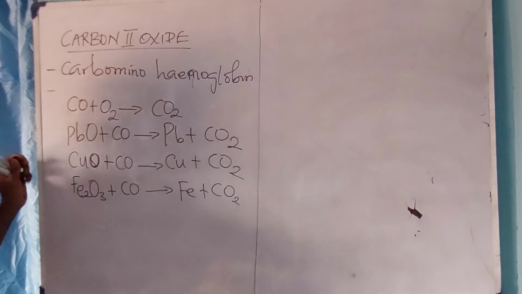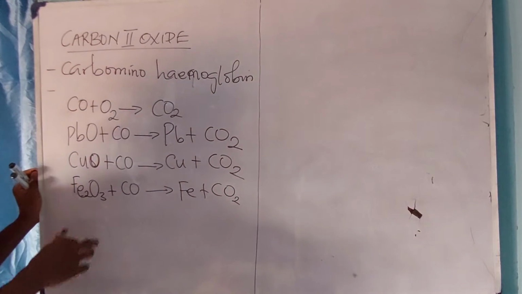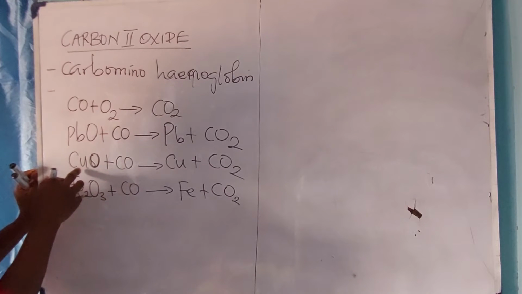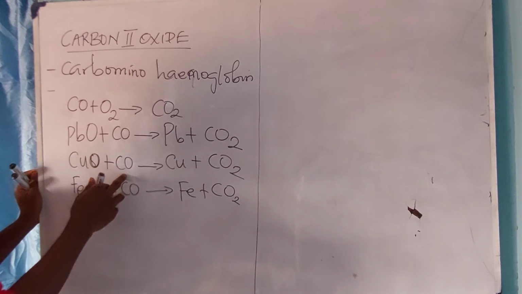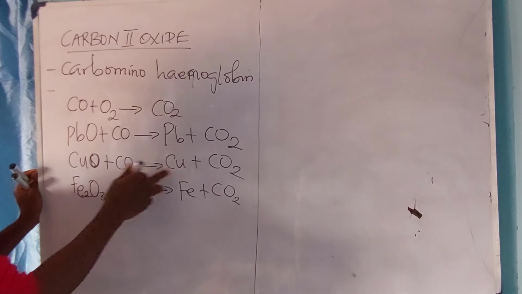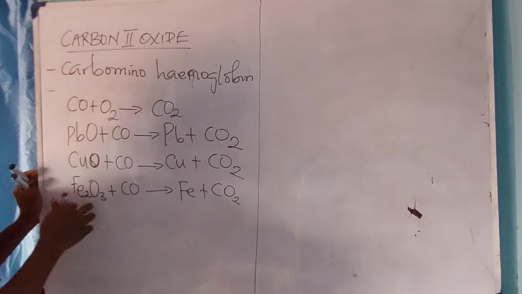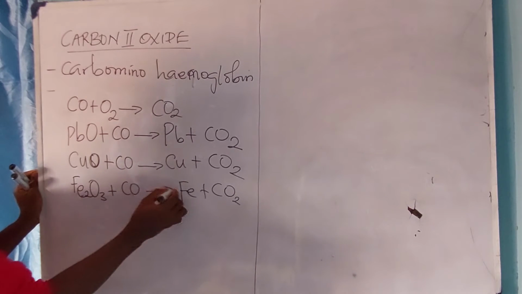Now, looking at what we have here, is the equation balanced? This one is balanced: 1 copper, 2 oxygen, balanced. This one is not balanced. We can put 2 here.